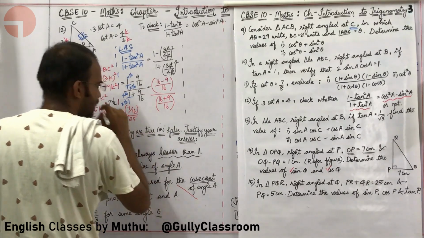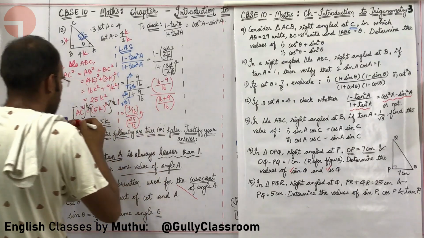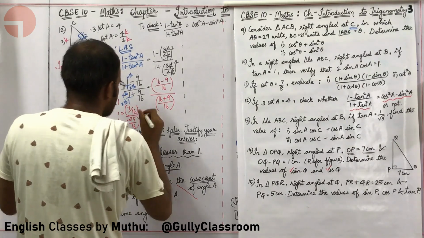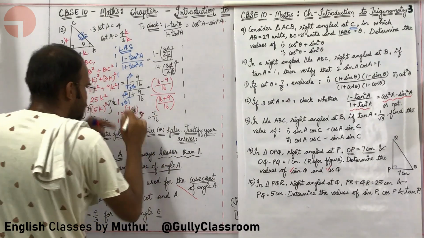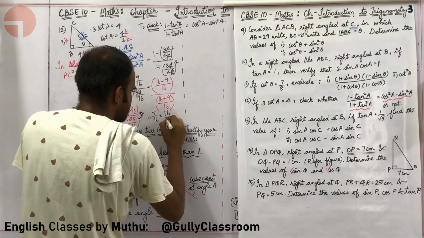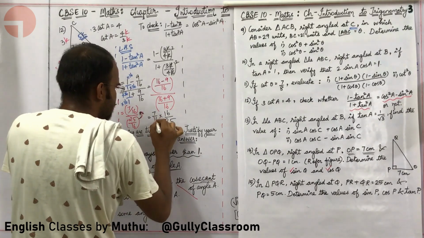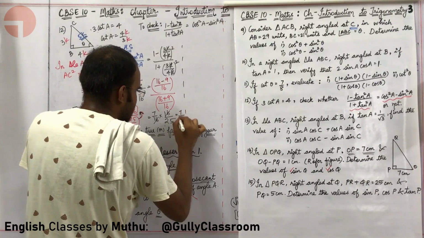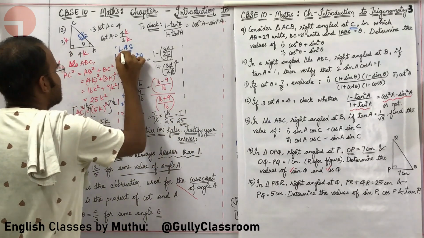Which is 25, divided by 16. Now, I need to bring this up. 7 by 16, when this is coming to the denominator, it will become its own reciprocal, which is 16 by 25. Yes, I have reciprocaled it. So 16 and 16 will get cancelled. I am simply getting 7 by 25, which is the answer for the LHS.